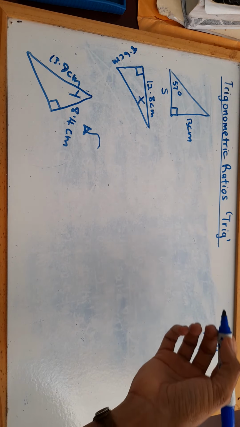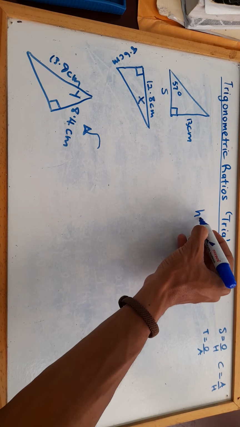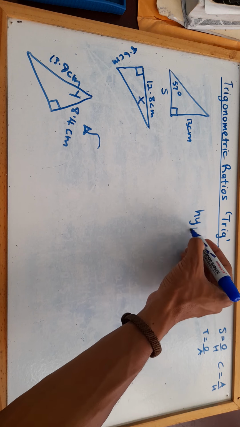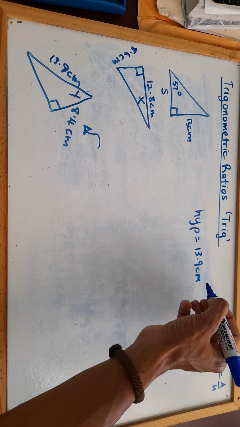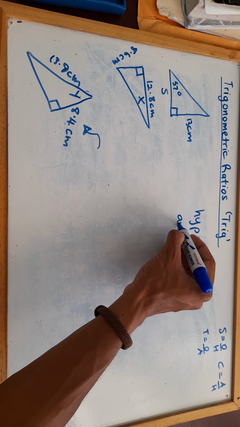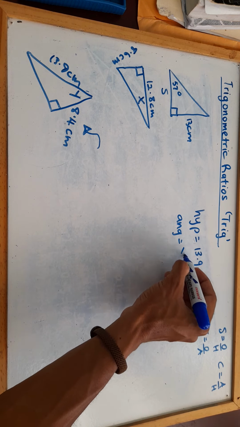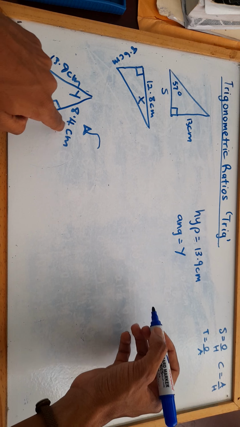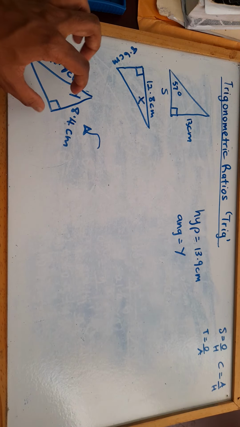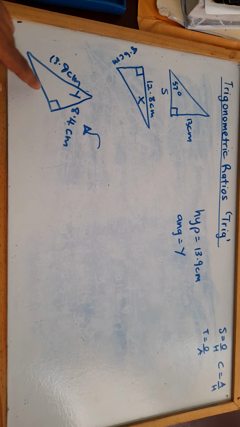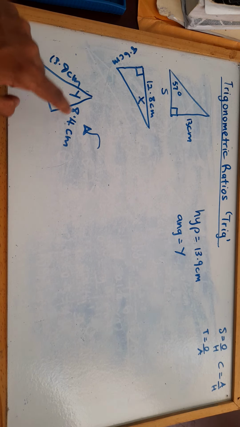So let's write what's given. We have our hypotenuse, it's equal to 13.9 cm. We have our angle y. We have our adjacent side, since this is the side where both angles lie on. This is the opposite of y, but this is the adjacent.